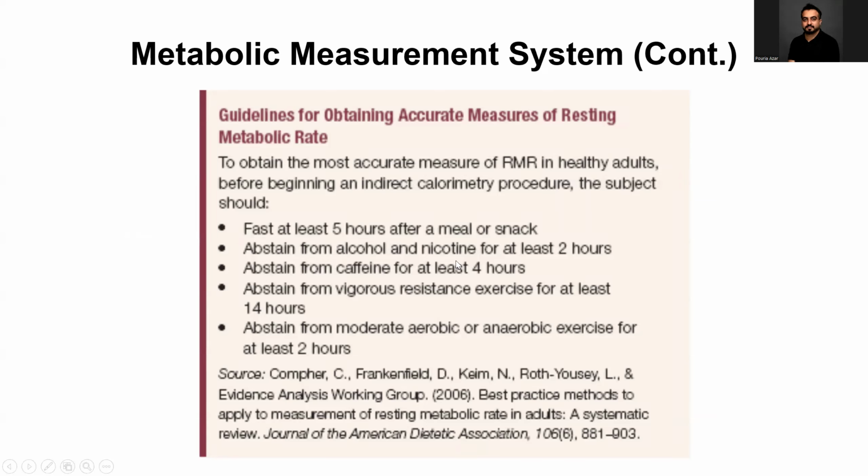Abstain from alcohol and nicotine for at least 2 hours. Abstain from caffeine for at least 4 hours. The participant should abstain from vigorous resistance exercise for at least 14 hours, and they also should abstain from moderate aerobic or anaerobic exercise for at least 2 hours.